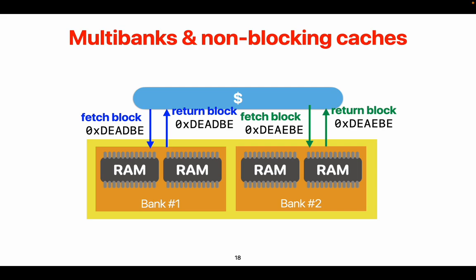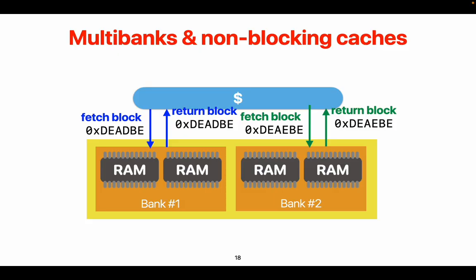Do you think it would improve the miss rate? No, because a miss is still a miss. It's just making the access more parallelizable. I just can serve more misses at the same time.